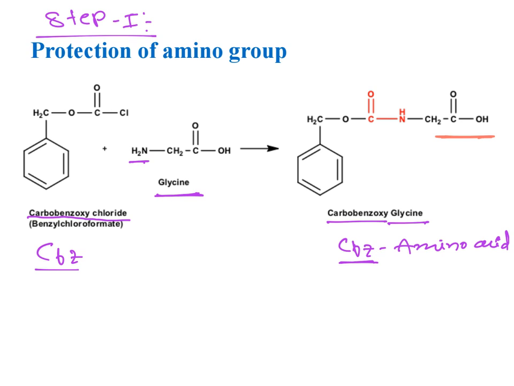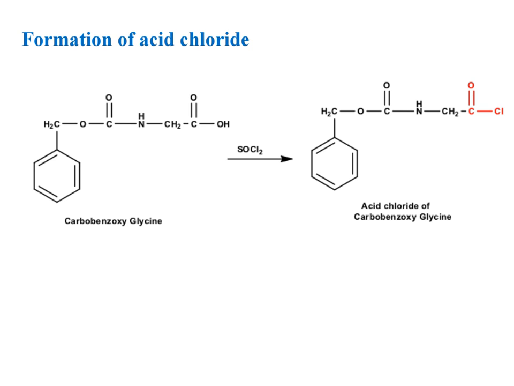After protecting, now I want to activate this carboxylic acid. In step 2, formation of acid chloride. Now I have protected this NH group with the carbobenzoxy group CBZ, and I want to convert this acid group into acid chloride, because acid chlorides are much more reactive.